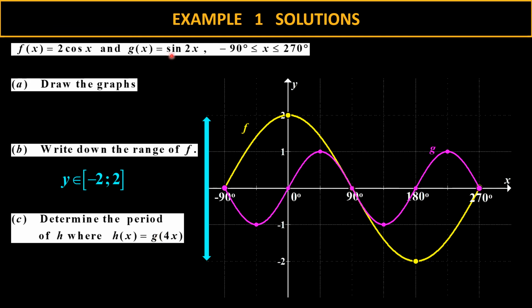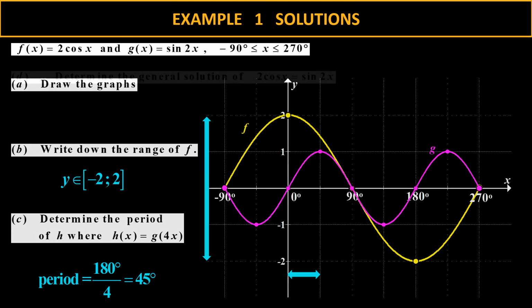If I look at my g graph, what is the g function's period? The g function, 2x, the g function's period is 180. But now I want to have g of 4x, so there's a change again. So that was 180, and I divided by 4. So then the period for that h will be 180 divided by 4, which is 45 degrees.